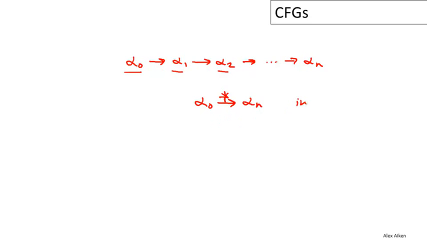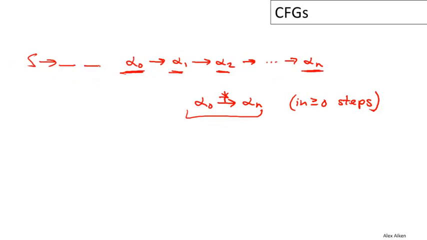So this means in n greater than or equal to 0 steps. Right? So this is just a shorthand for saying there is some sequence of individual productions, individual rules being applied to a string that gets us from the string alpha 0 to the string alpha n. And remember that in general we start with just the start symbol, and so we have a whole sequence of steps like this that get us from the start symbol to some other string.